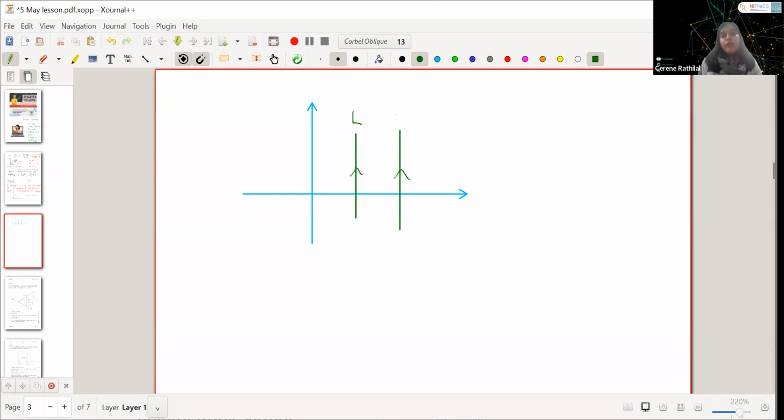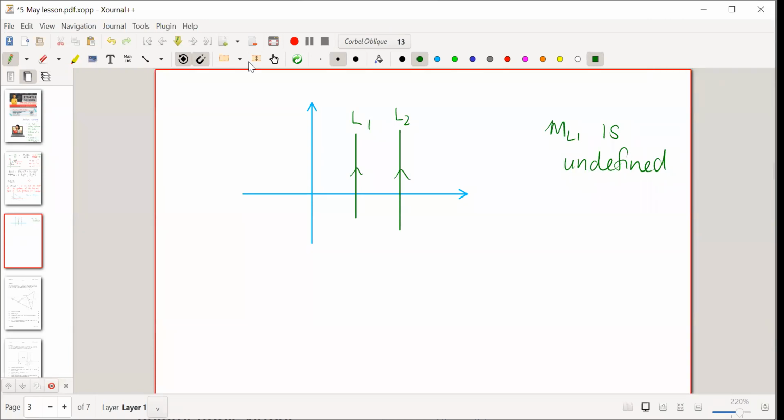So this is line 1 and this is line 2. Then the gradient of line 1 is undefined, because you're going to have a denominator equal to 0. And likewise, the gradient of line 2 is undefined. So we can conclude that these lines are parallel. Okay, so keep that in mind.